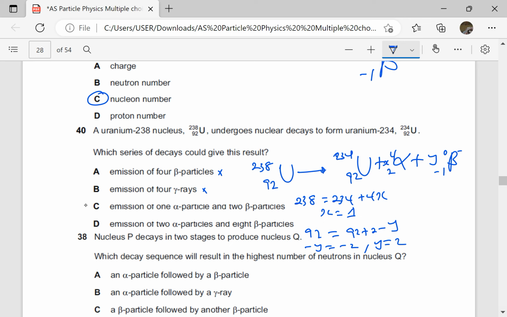So there are 2 beta particles. So 4 is wrong. 1 alpha particle and 2 beta particles, I think that is correct. 2 alpha particles, 8 beta particles, that is wrong.